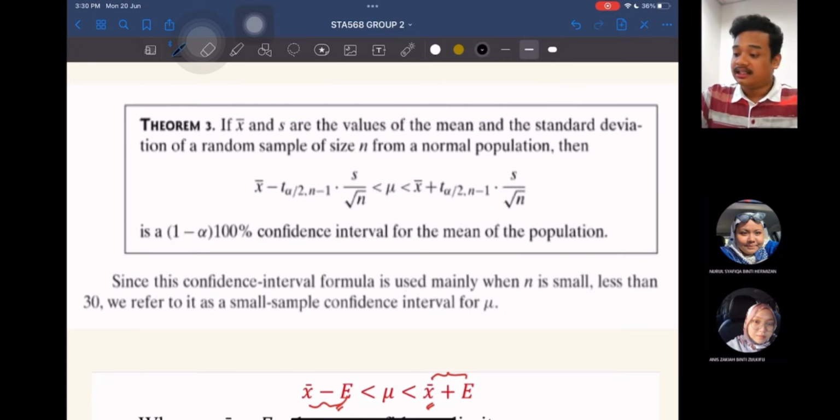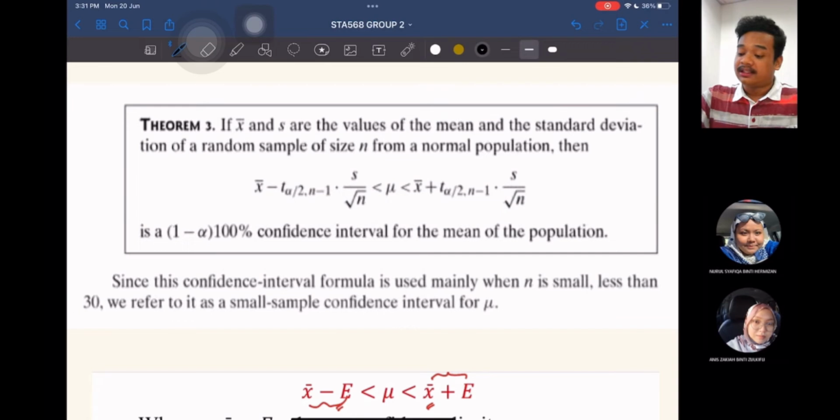If x bar and s are the values of the mean and the standard deviation of a random sample of size n from a normal population, then x bar minus the critical value, which is t sub alpha over 2 with n minus 1, multiplied by the standard error, which is s over square root of n, is less than mu, the population mean, and the population mean is less than x bar plus the critical value, t sub alpha over 2 with n minus 1, multiplied by s over square root of n.